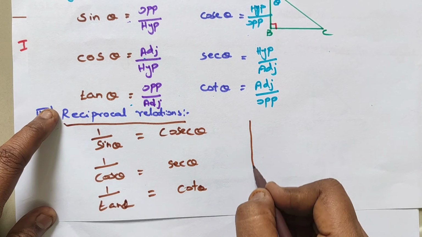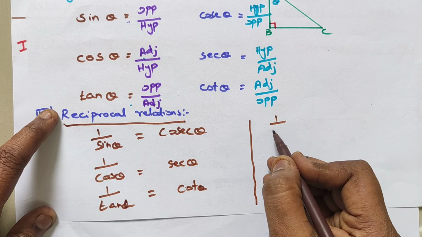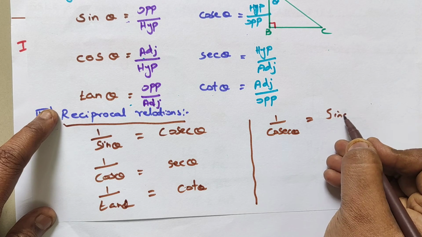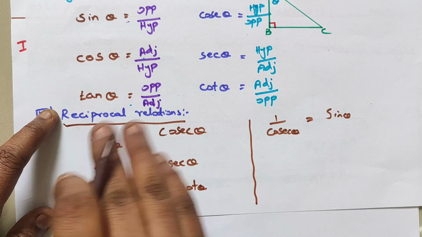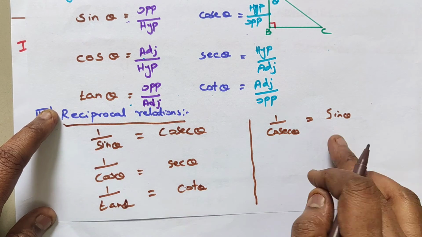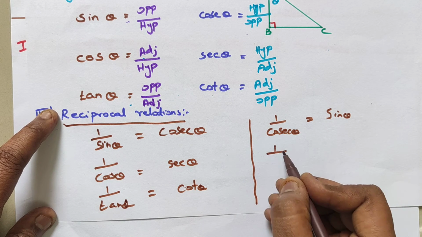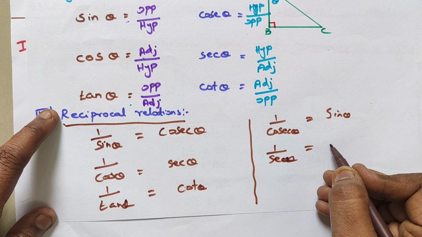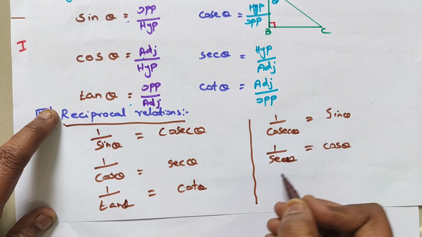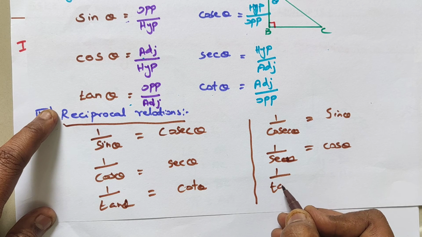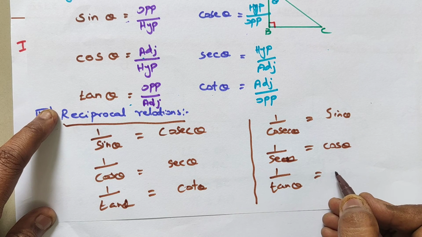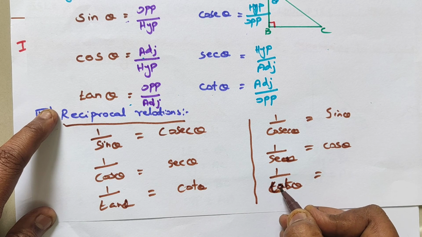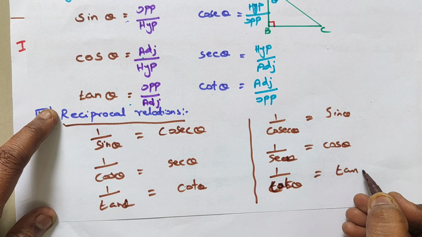Same way, 1 by cosecant theta is equal to sin theta. If you take the reciprocal of cosecant, it will be sin theta. 1 by secant theta is equal to cos theta. Same way, 1 by cot theta is equal to tan theta.